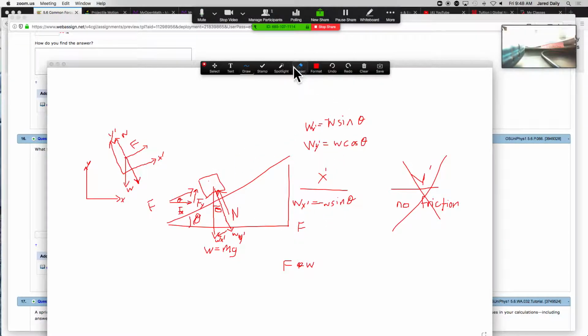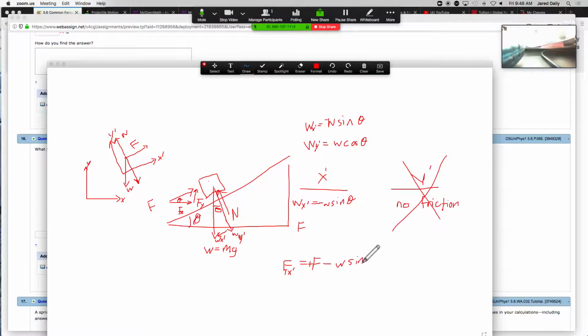So let's erase some things here. The total force in the x prime direction is equal to the force pointing in the positive x direction, so that's positive, and then the weight force, which is pointing in the negative x prime direction, so that's negative w sine theta.